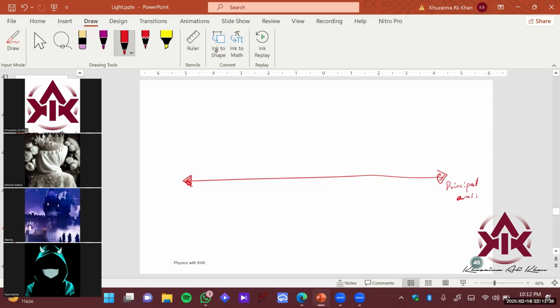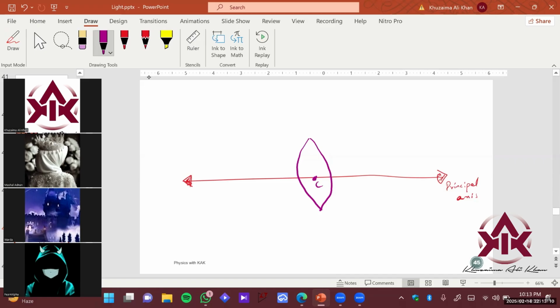And then you create the converging lens. Let me make it bigger. Imagine it is almost perfect. This is the optical center of the lens.